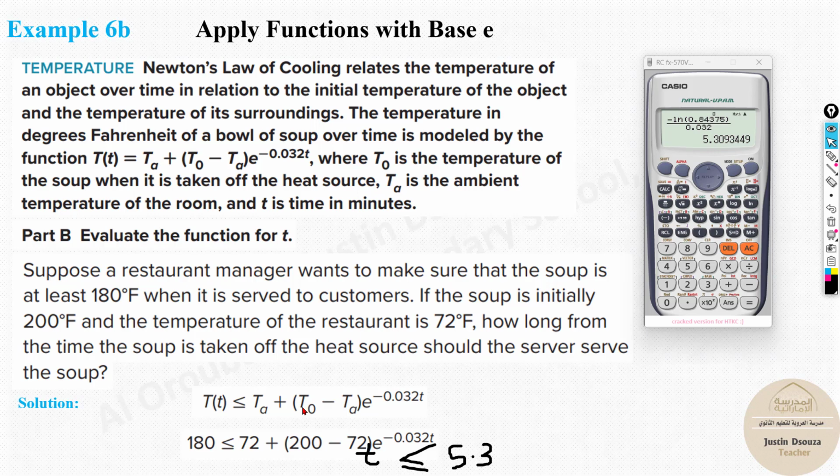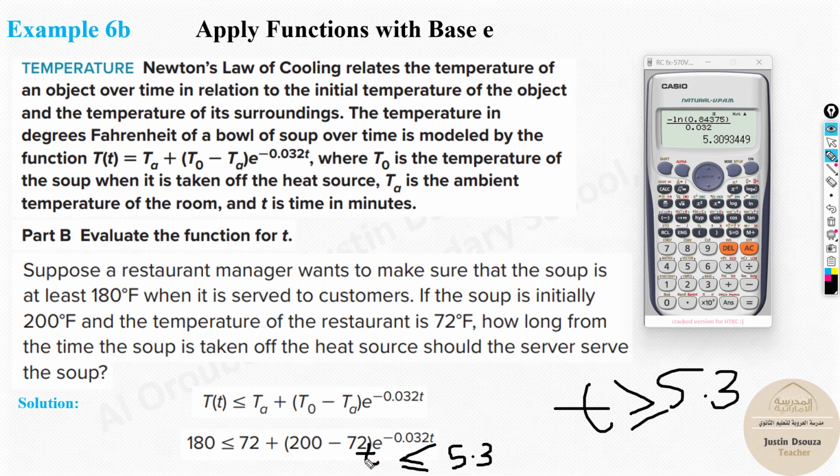From 200 it comes down, it might have come to 195 in 1 minute. Next 1 more minute it became 190, 1 more minute 185, 1 more minute 180. So you need to take it within a certain limit, right? If you say t is greater than or equal to 5.3, this doesn't make sense. Why?